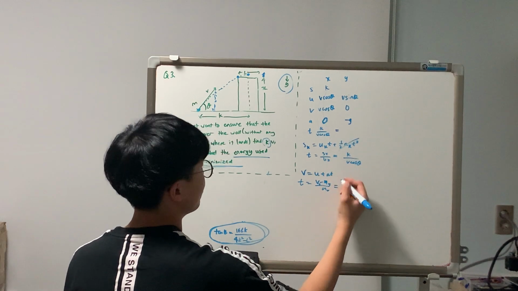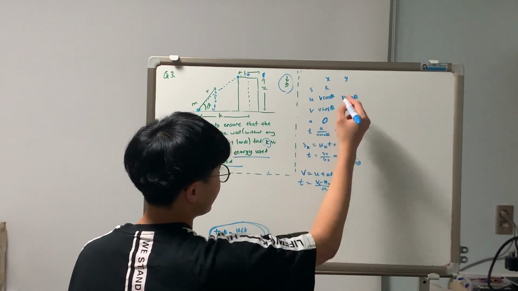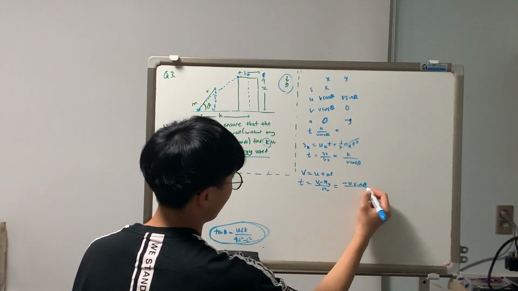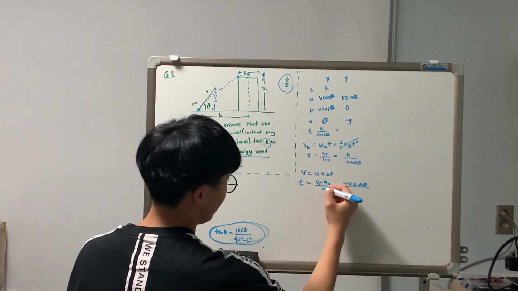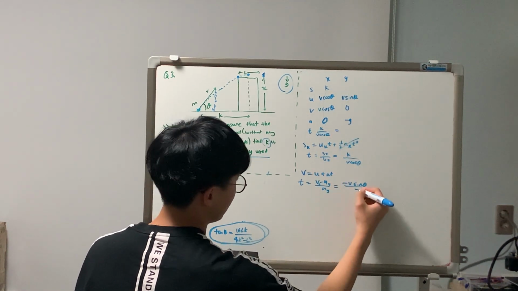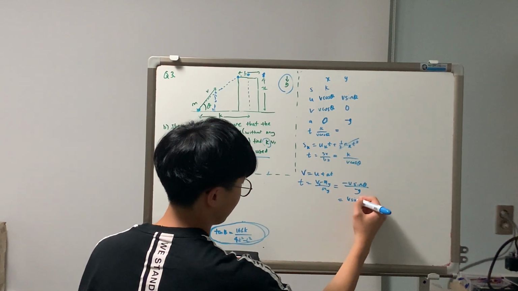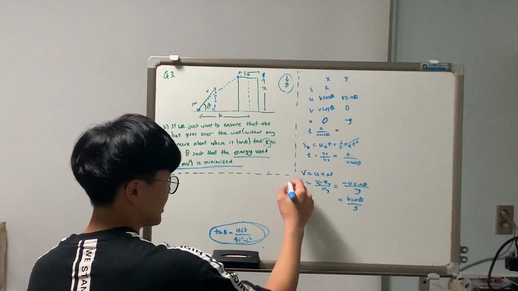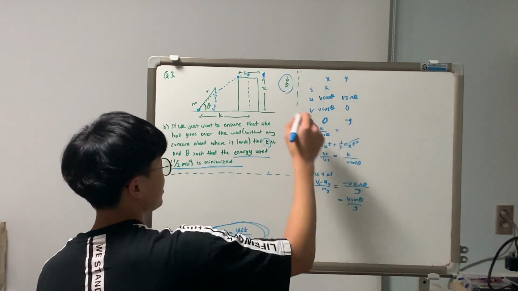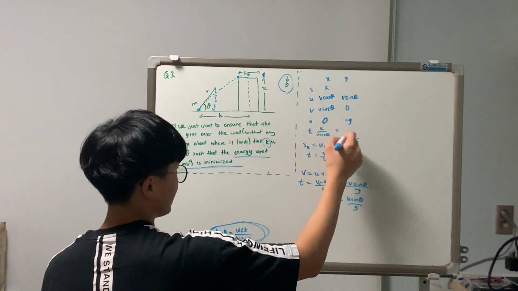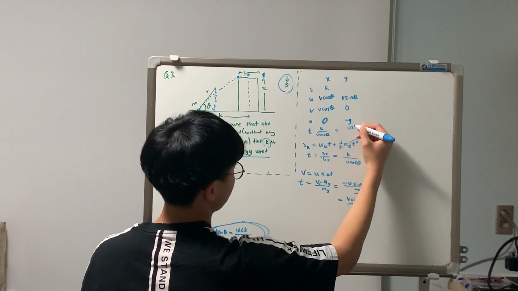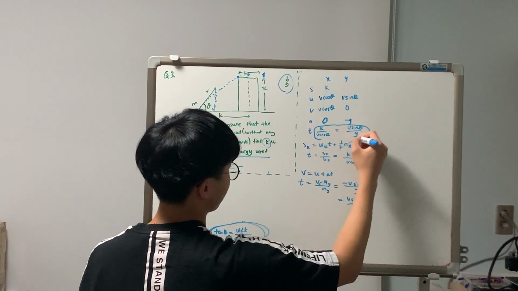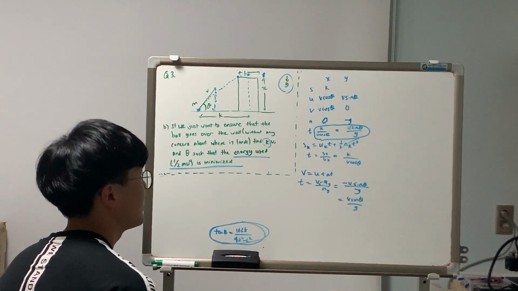And so we get vy, which is 0, minus v sine theta, so 0 minus v sine theta over ay, which is minus g. And so we get v sine theta over g. And we said that is time, and the time should be the same for this here and this here. So we have this equation over here that we derived in terms of y.